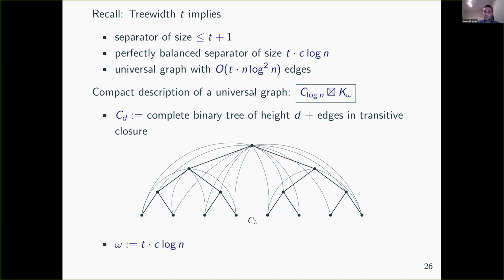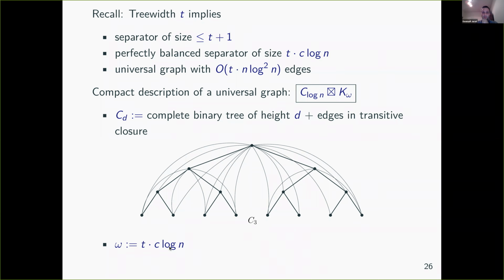As I mentioned, it's not as efficient as the one we discussed. Why is that? If you just look at C log n, that graph has about n log n edges. And now when we substitute a clique of size omega for each vertex, every edge is replaced with a complete bipartite graph with omega squared edges, right?